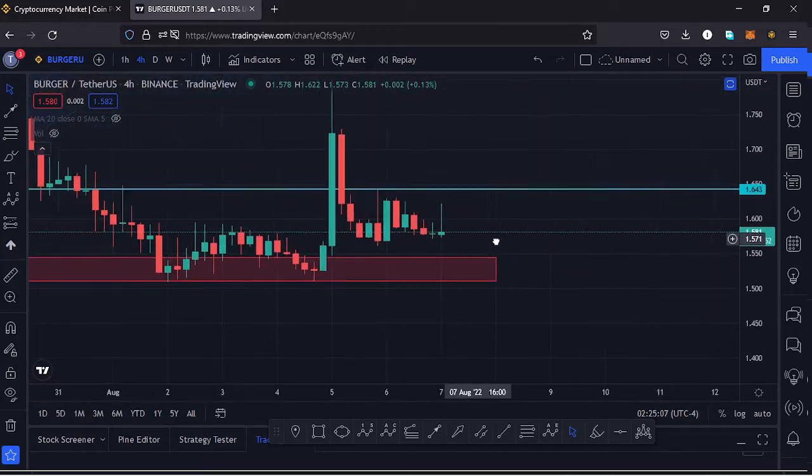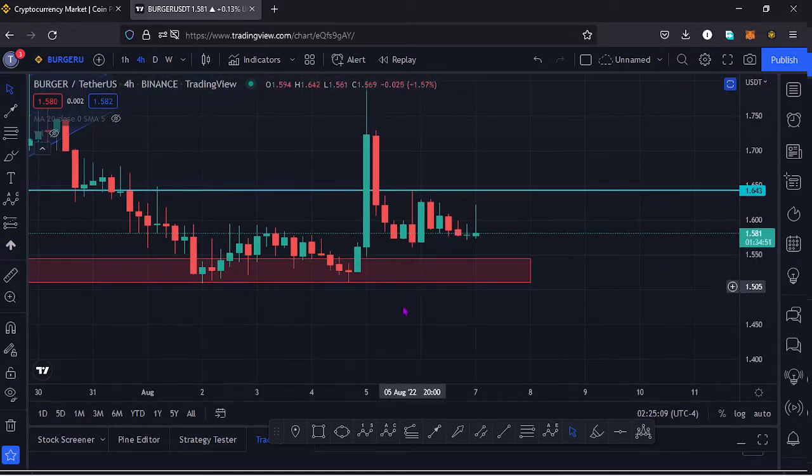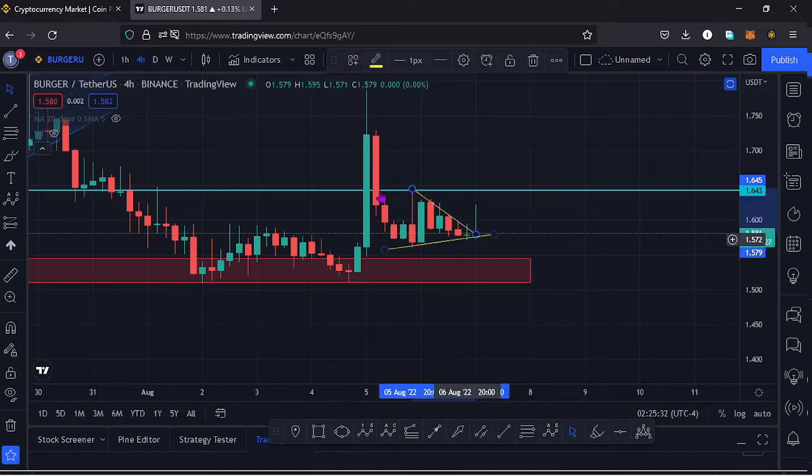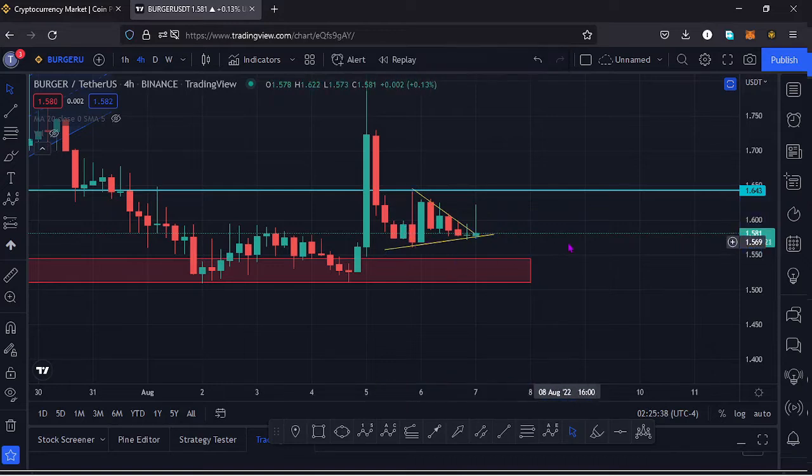Here on the chart we have the formation of a triangle, which I'm going to draw out here on the charts, having that trend line as the upper side of that triangle. The price of Burger has been pushing to the apex of this triangle, and it's a pattern that I expect to break to the upper side, having the breakout target as the height of the triangle.